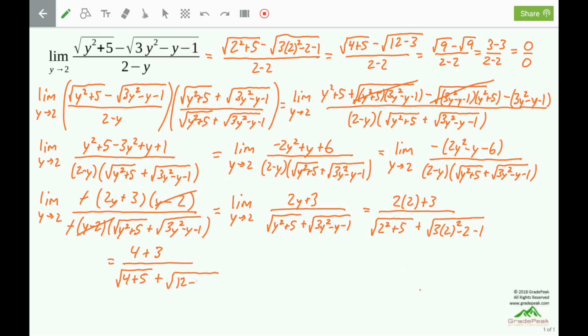And then minus 2 and minus 1. In the numerator, 4 plus 3 is a 7. In the denominator, the square root of 4 plus 5 becomes the square root of 9. And then the square root of 12 minus 2 minus 1 is also the square root of 9. So we end up with a 7 divided by a 3 plus a 3, or 7 over 6.